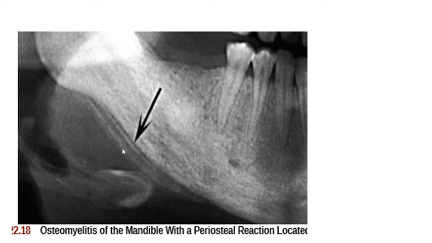So it has an onion skin radiographic appearance that is very specific to the osteomyelitis process. This is osteomyelitis of the mandible with periosteal reaction located at the inferior cortex.